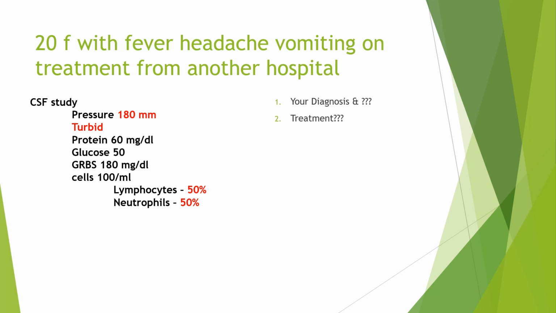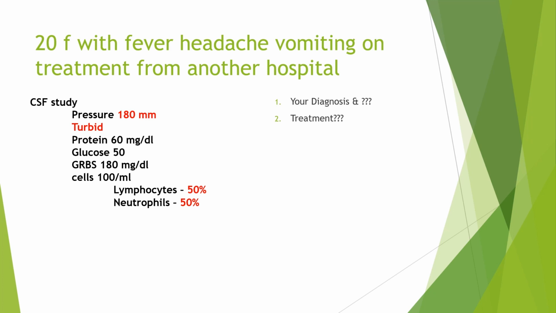This is a 20-year-old female with a fever, headache, and vomiting, and the patient was under treatment from another hospital. CSF study shows pressure 180, turbid fluid, protein 60, glucose 50, GRB is 180, cells 100, 50% lymphocytes, and 50% neutrophils.